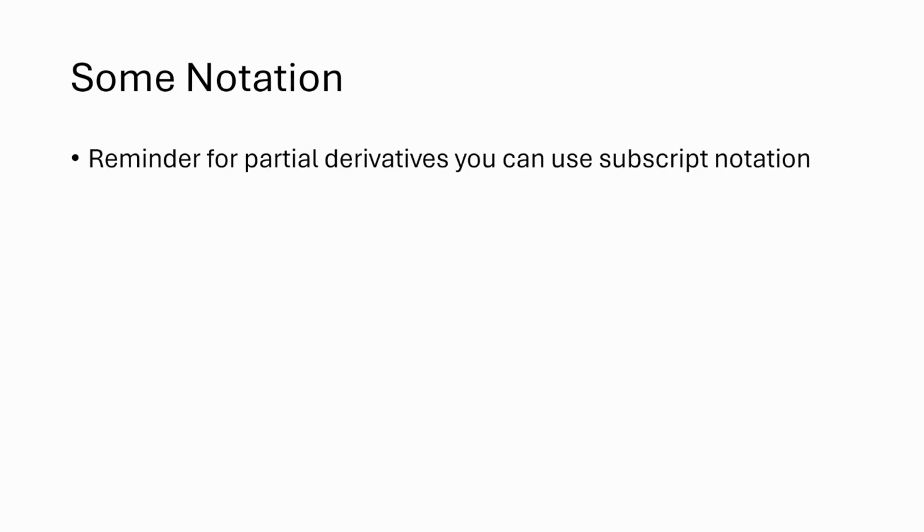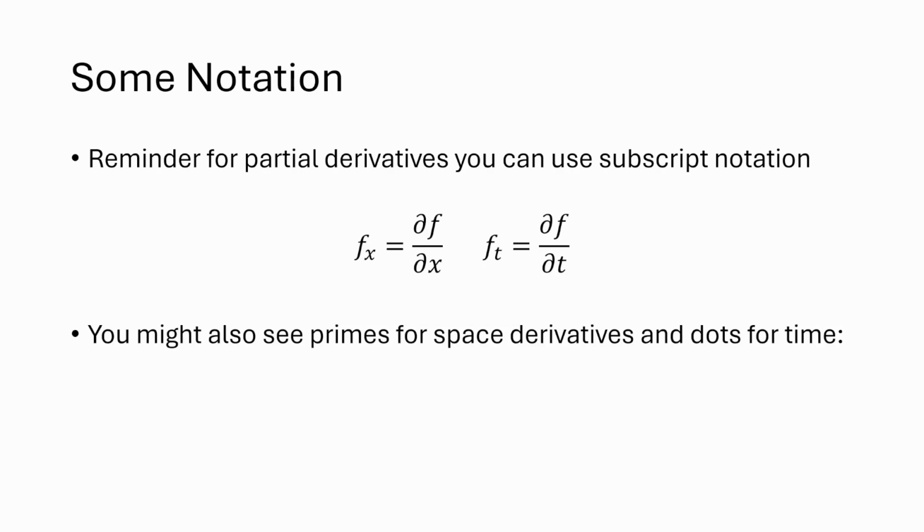Before we get into the tools, I want to talk about how these things are written. The reminder from the previous lecture is that we have this subscript notation for indicating partial derivatives. So f sub x instead of df dx, and f sub t instead of df dt. You can certainly use that notation. It's great. I like to use it quite a lot.